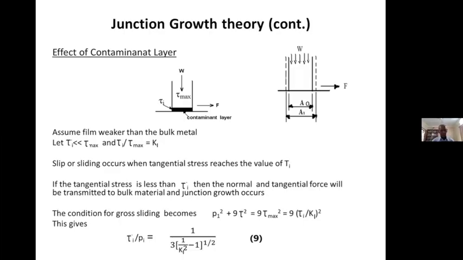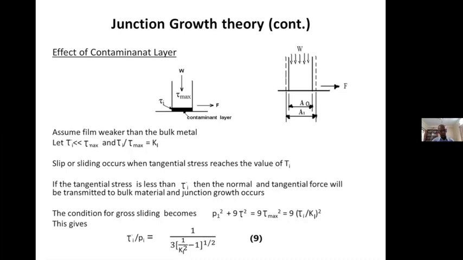When the tangential stress due to friction force F reaches the yield stress of the contaminant layer, then only the slipping will start. That's clear.